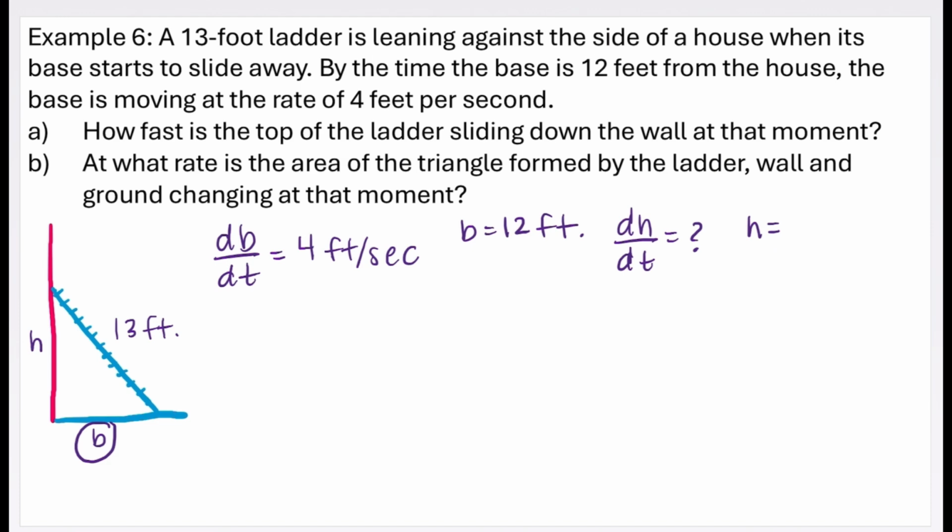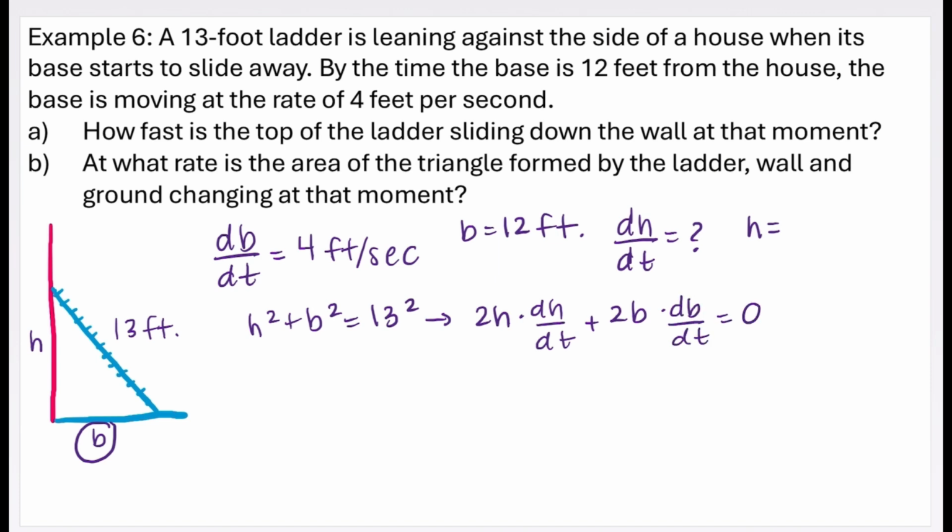So the Pythagorean theorem is what's going to relate all these sides to each other. So we're going to have h squared plus b squared equals 13 squared. And now I'm going to go ahead and find the derivative of this. So 2h times dh/dt plus 2b times db/dt equals 0.